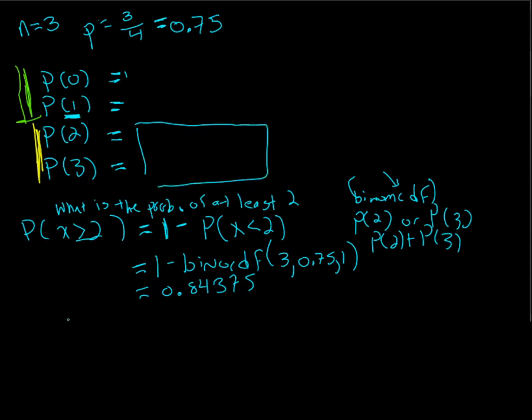So come back over here to our calculator, and I'll go to second and vars, and what I want is the binomial probability. 3 trials, 0.75, and I wanted 2, and I want to add to 2 for 3.